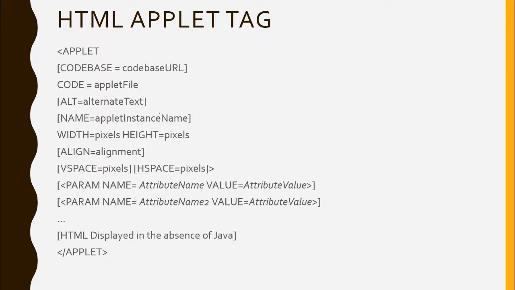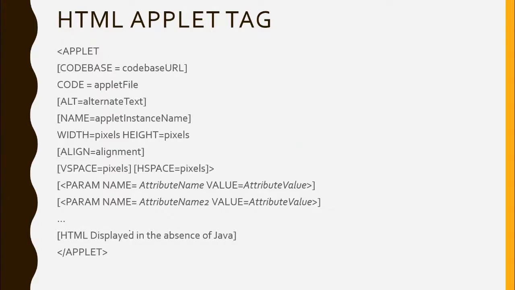The parameter name and value is something the applet can be given as attributes for it to run with. That is something I'll show as a demo at some other stage.